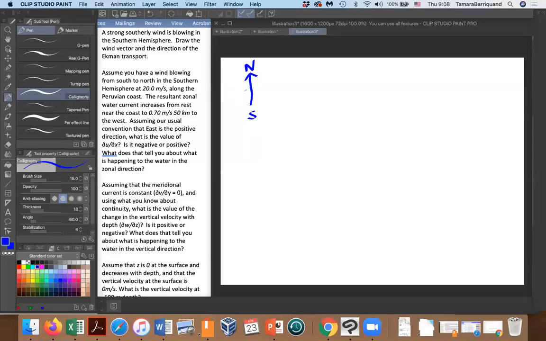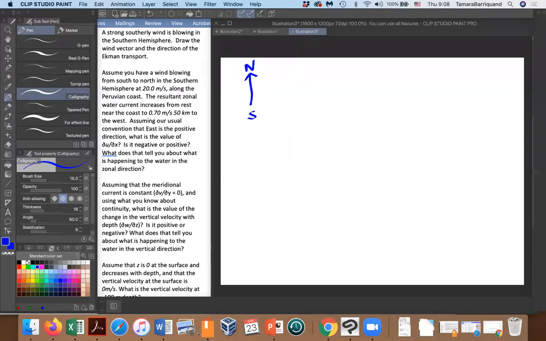And we saw that as we go down throughout the water column, each layer of water pulls on the layer below it and turns it, and it gets turned as well by Coriolis until the resultant transport due to Ekman transport is going to be 90 degrees to the direction of the wind. In the northern hemisphere, that would be to the right, but we're in the southern hemisphere.